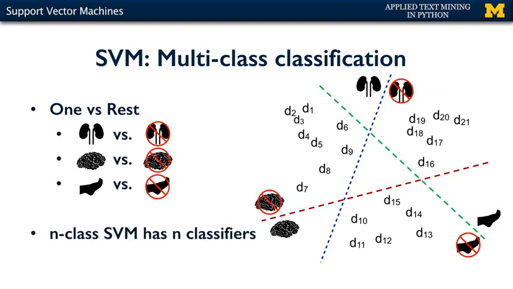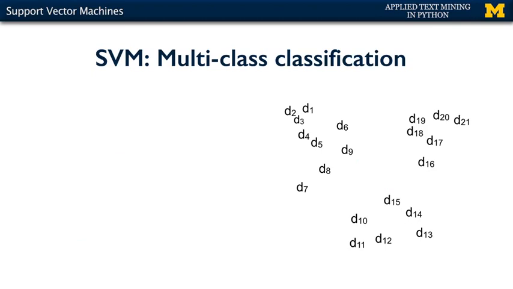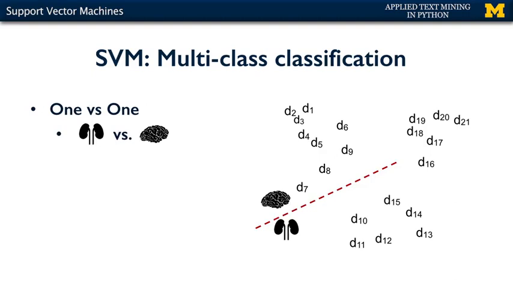Let's take another setup. This is where, instead of learning 1 versus rest, we are going to do 1 versus 1. That means you're going to learn classifiers between, let's say, nephrology and neurology. In this case, you look at only documents that were labeled nephrology or neurology, that's D1 to D9 and D10 to D15, and separate them.